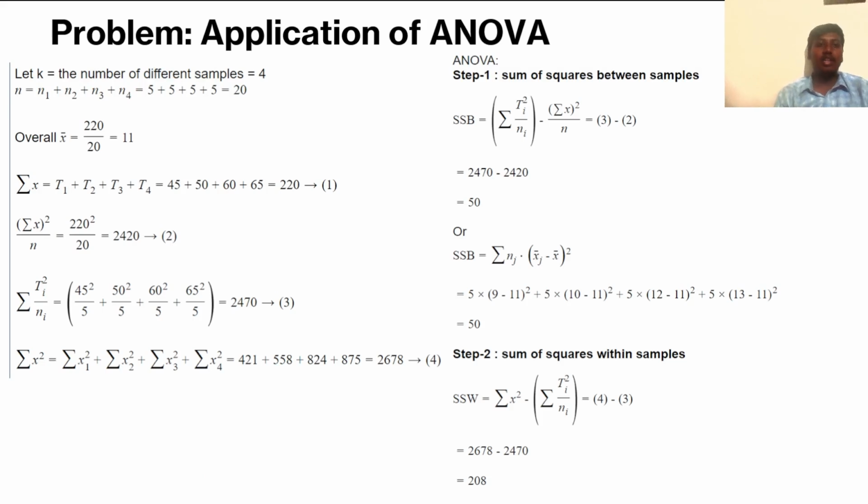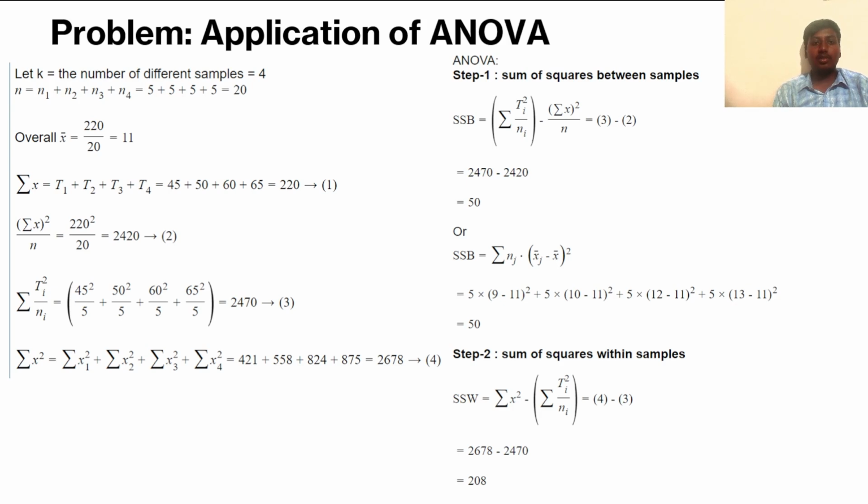Now let k, the number of different samples, be equal to 4. The samples are A, B, C, D, so we have taken the number of samples as 4, and n is equal to 20 as we know. So overall x bar is equal to 220 divided by 20, that is 11, or it can be called CF.